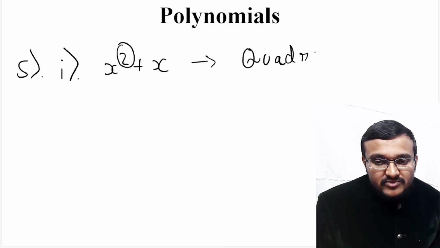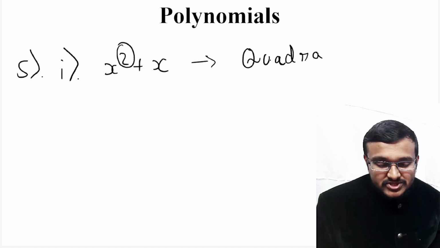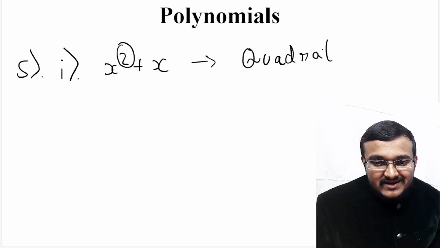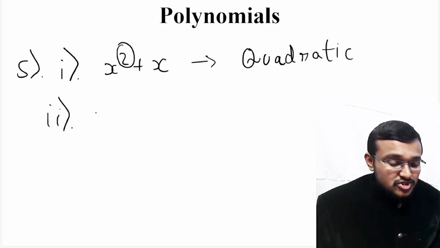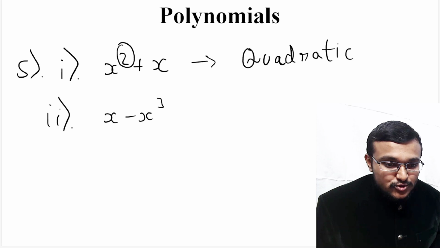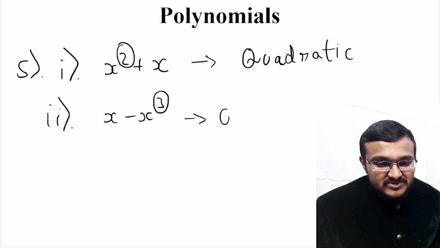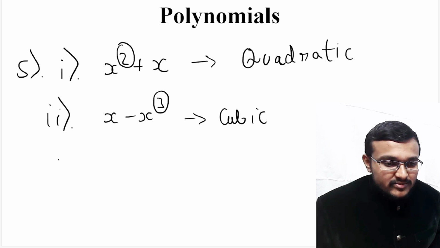If the degree of a polynomial is equal to 2, then that polynomial is a quadratic polynomial. In the second polynomial, you have x minus x cube. Here you can clearly see the degree of this polynomial is 3. So this is a cubic polynomial.